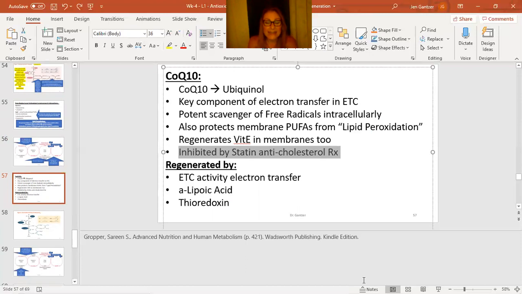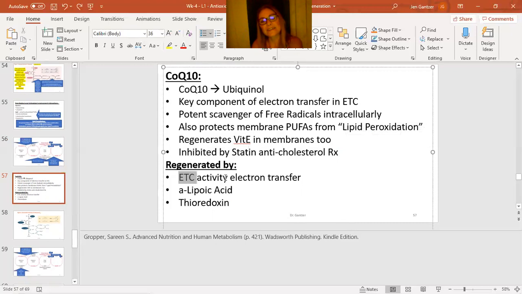So anybody on a statin is going to have deficient CoQ10 because their body can't make it. One clinical pearl here is somebody with leg cramps. It is very common to have myalgia and leg pains because of the statins inhibiting their CoQ10.